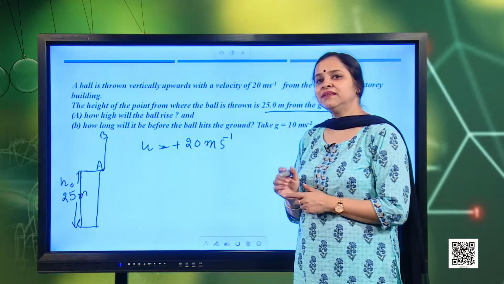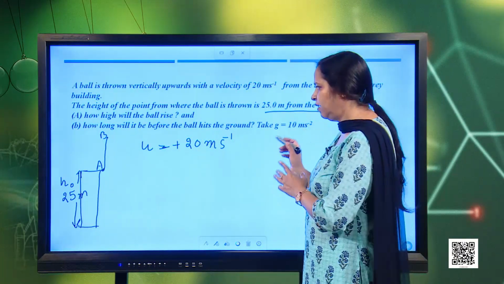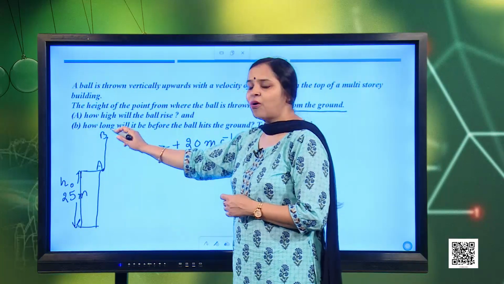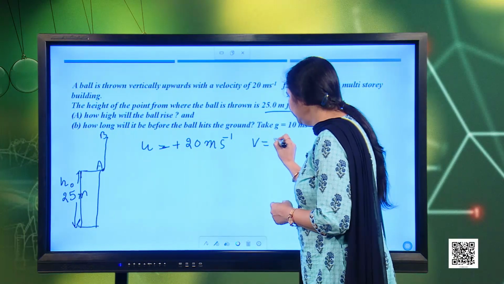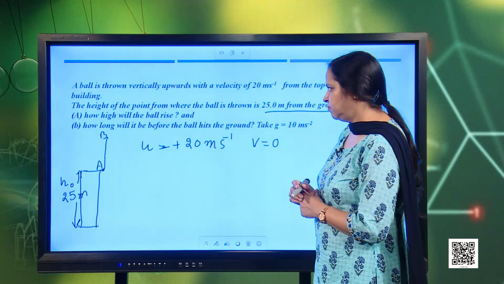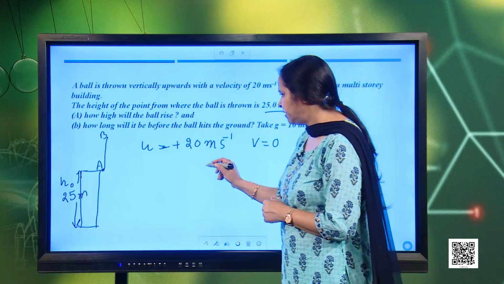Among the three equations of motion, we can use any one according to our requirement. We have the initial velocity. We know when the ball reaches the highest point B, its final velocity will be 0. Right? Now to find out the height, which equation of motion can we use?